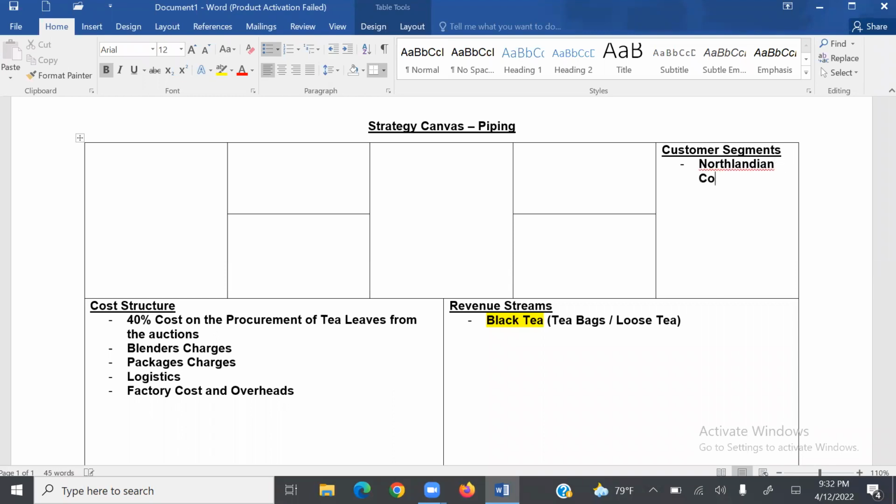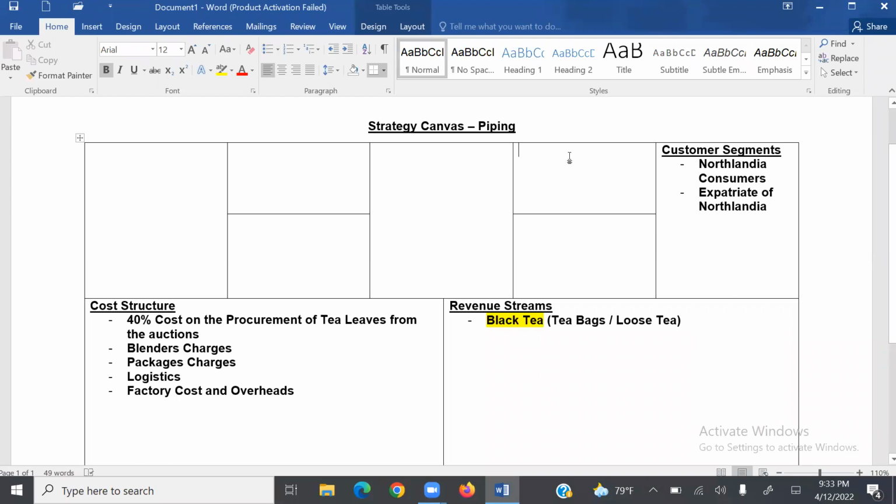Northlandian consumers. And also the expatriates of Northlandia. So these are the major consumer segments we have. Business to business is not yet a consumer segment. We are not at all giving it to them; it's an opportunity only. So these are the customer segments we have at the moment.